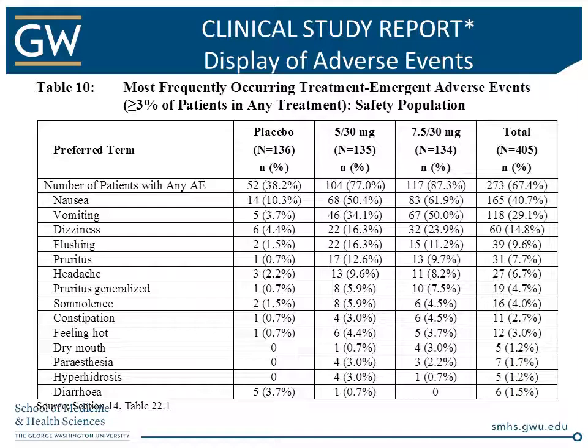This is an example from a clinical study report of an in-text table that is typically included in Section 12.2.2, display of adverse events. In-text table means it's embedded within the clinical study report discussion. Now, as I said, this AE table displays the most frequently occurring adverse events for discussion in the text.